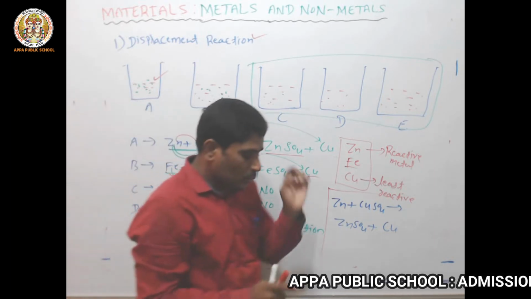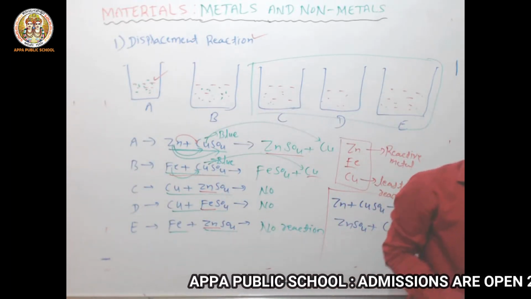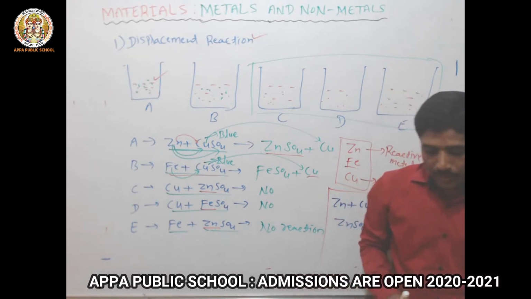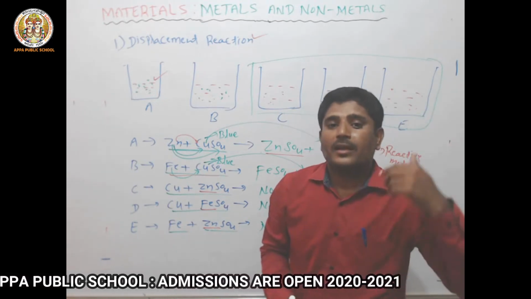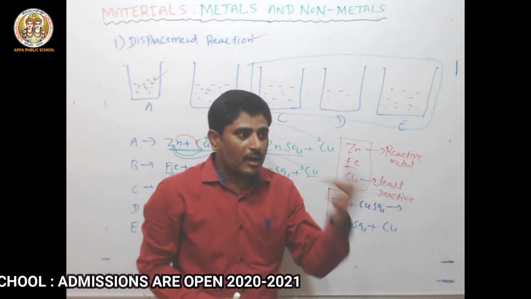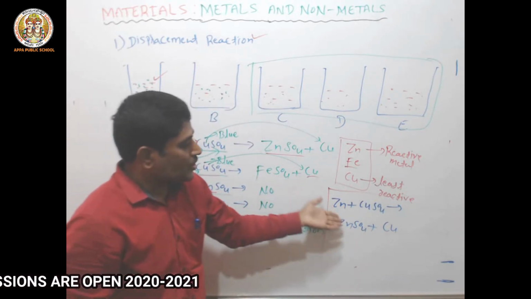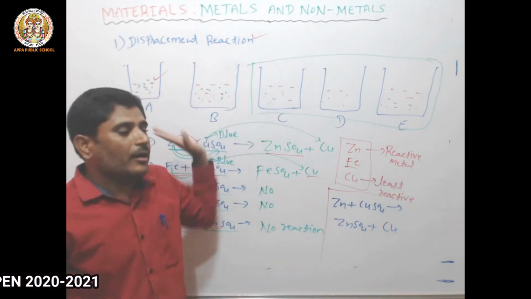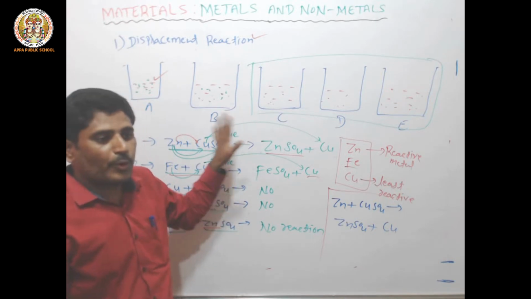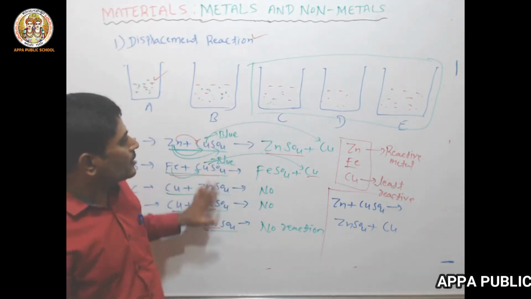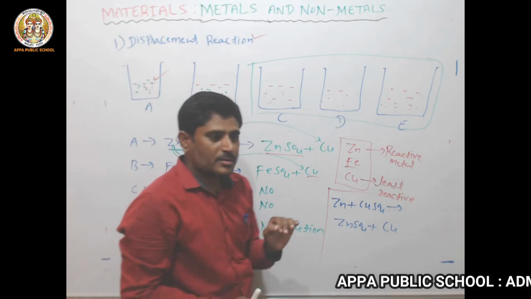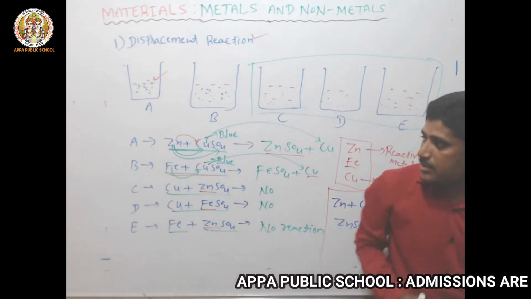I repeat, what is a displacement reaction? More reactive metals displace the less reactive metals. The reaction is called a displacement reaction. Hope the point is clear. This is the displacement reaction.